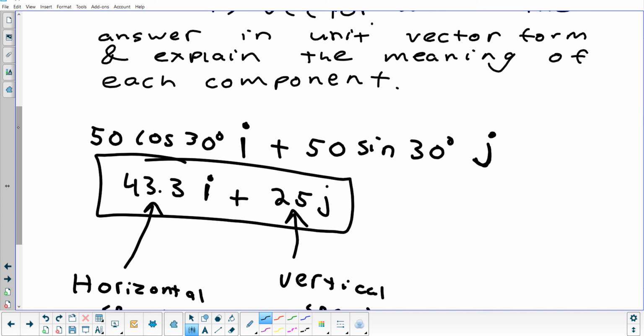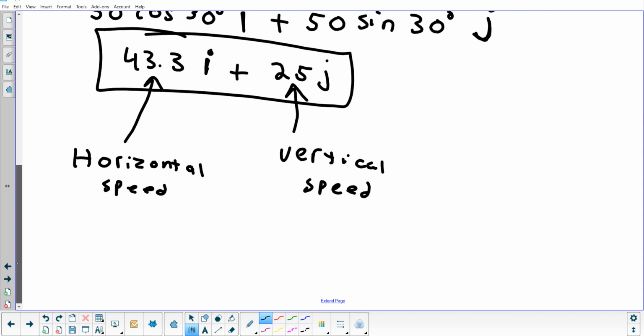And the two objects would basically reach their target at exactly the same point. They'd travel together. One of them would be going perfectly flat, and the other one would be going up and then back down. Okay. Any questions on that? So that's the velocity vector.